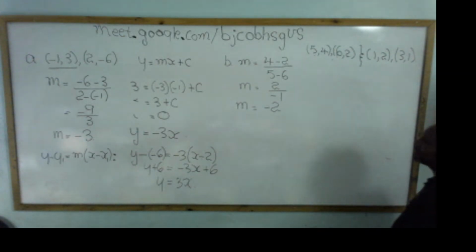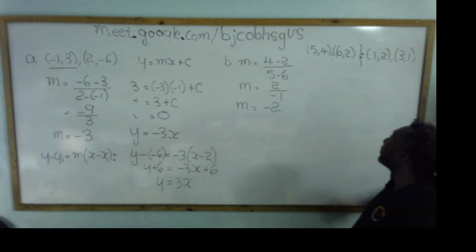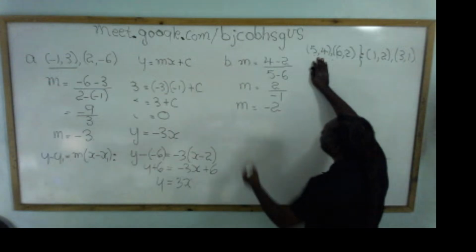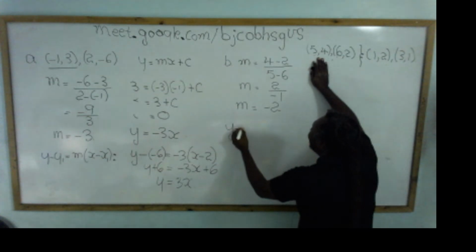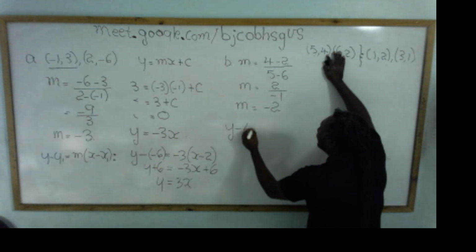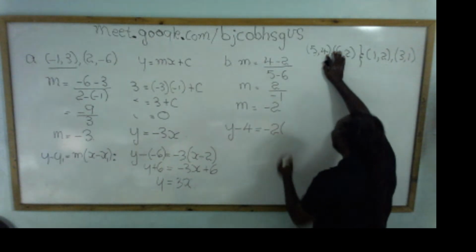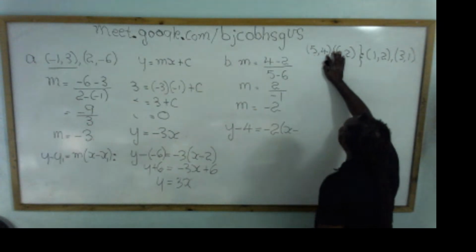No problem. So I'm going to take this point and I'm going to use y minus the value of y. Y minus 4 is equal to gradient times x minus the value of x, which is 5.